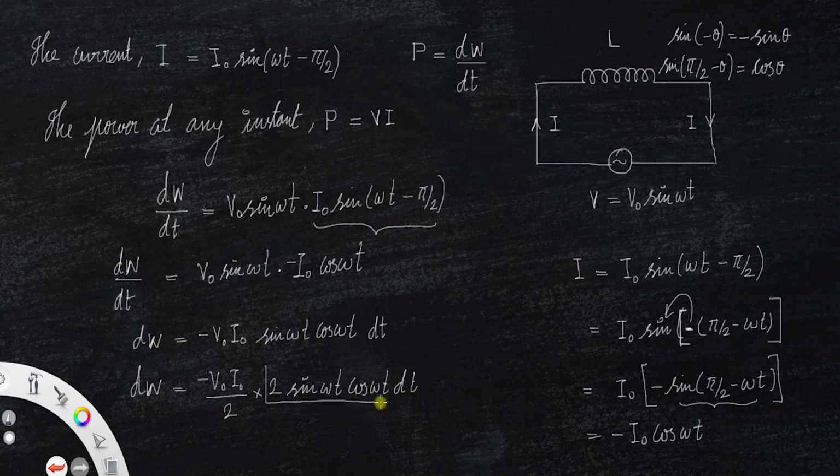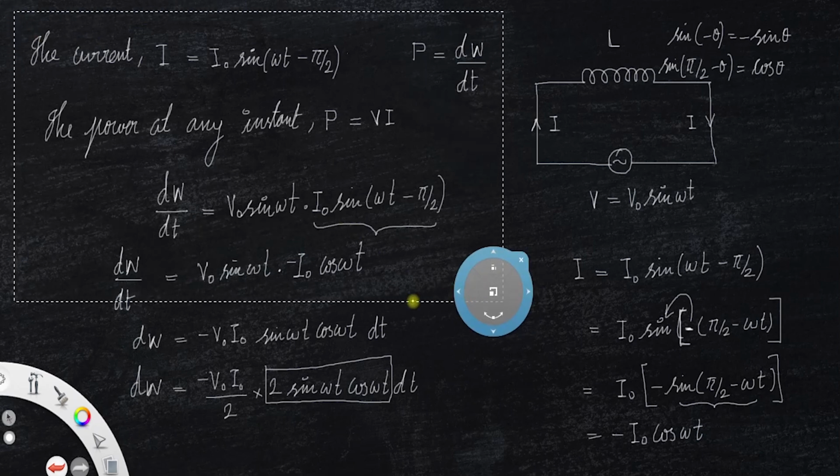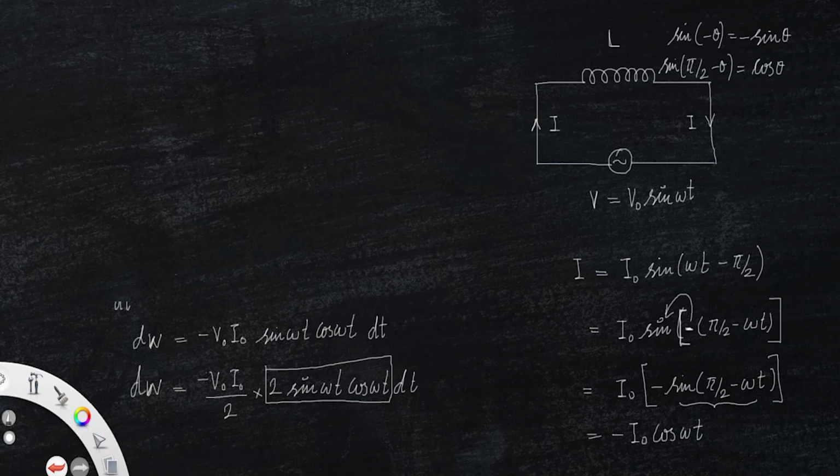So you know sine 2 theta is 2 sine theta cos theta. So dW is equal to minus V0 I0 by 2, and 2 sine omega t cos omega t is sine 2 omega t, dt.